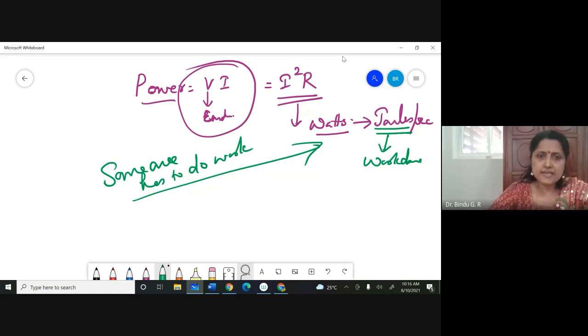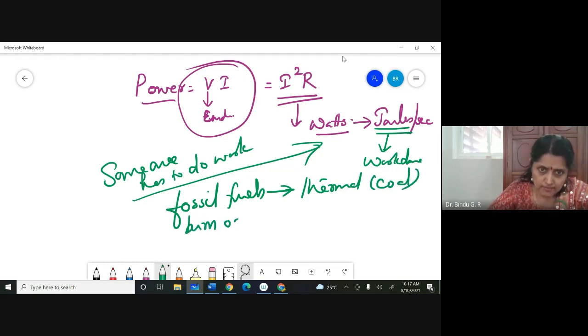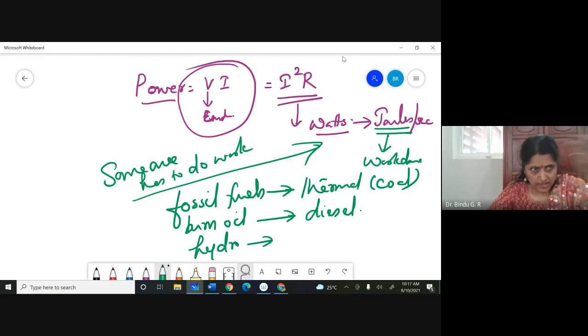That energy is being supplied by fossil fuels. If it is a thermal power station, you use coal, or you have to burn oil, as in the case of diesel power stations, or you have hydro, as in our Idukki, hydropower, where the water head is being used, or you can have wind turbines.